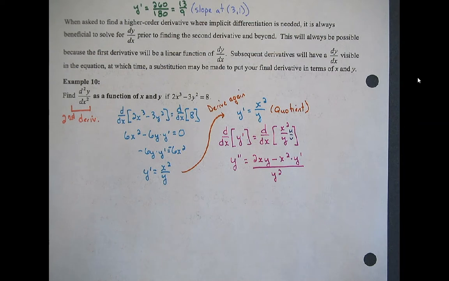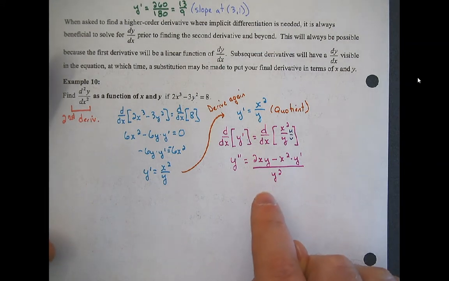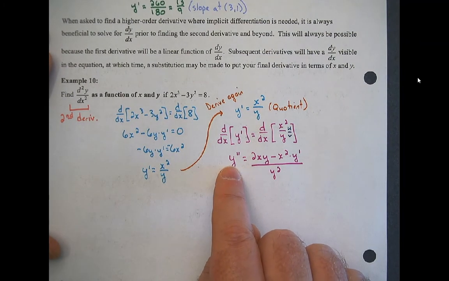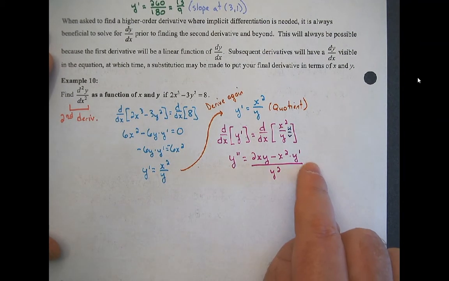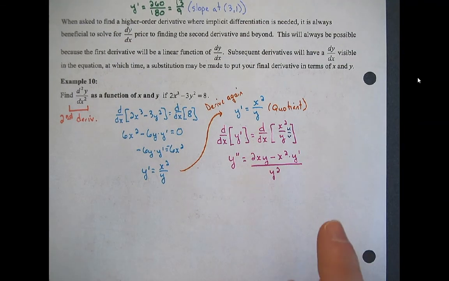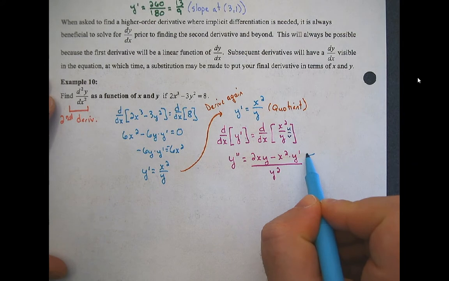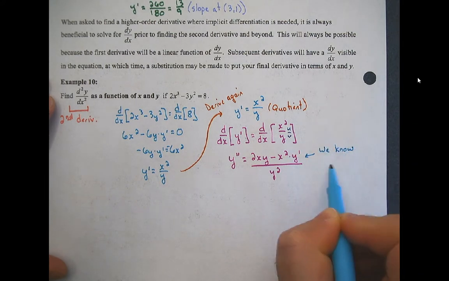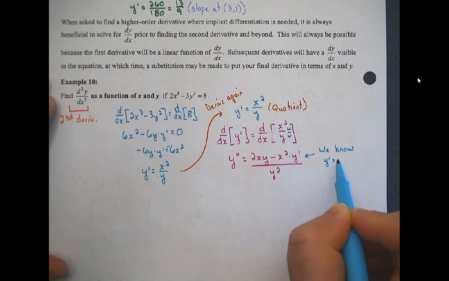So this is what he's talking about up above, that you have to be careful here. If I feel like I'm done, that's my answer? No. You always want to put back in things that you know. The first derivative, y double prime can't still have derivatives in there. But we know that y prime is equal to x squared over y.